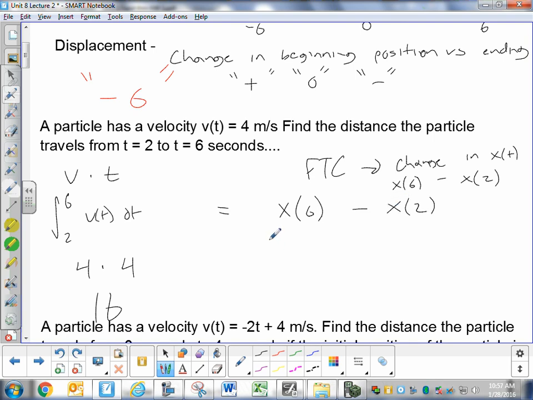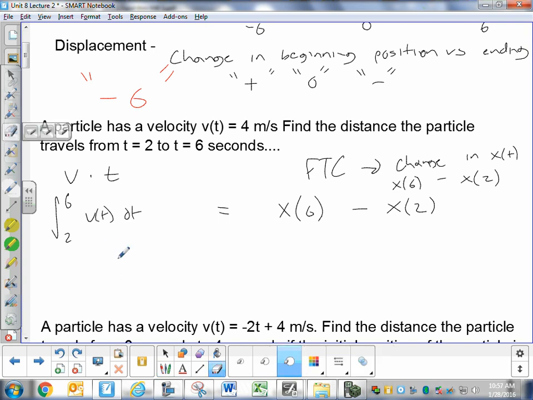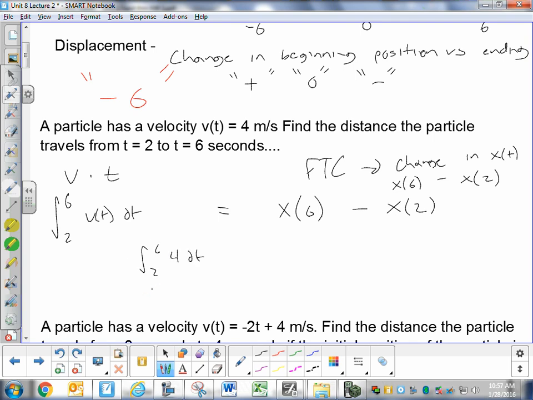In this case, I can say this is the integral from 2 to 6 of 4 dt. We already know that's 4 times 4, which is 16. But the other way we could do it is find the change in the antiderivative, which would be 4 times 6 minus 4 times 2. That's 24 minus 8. That also gets you 16. Okay?